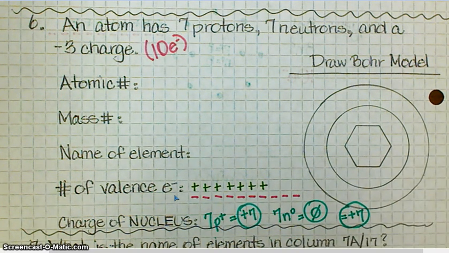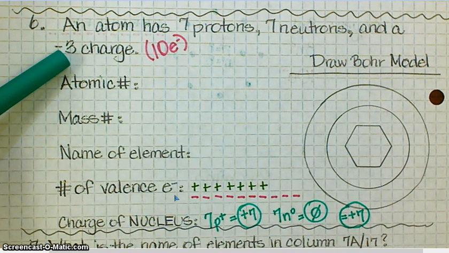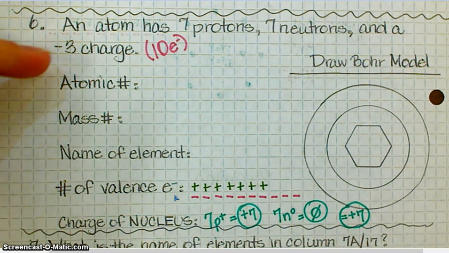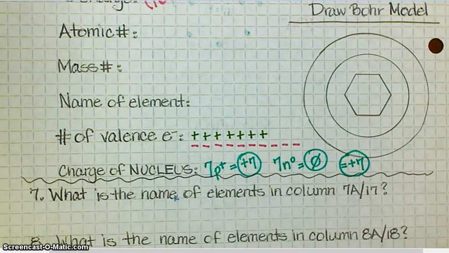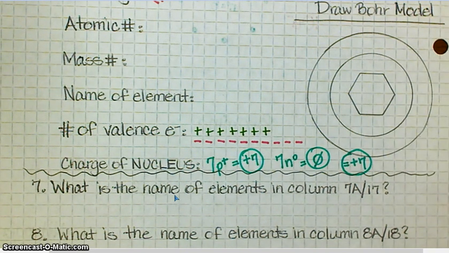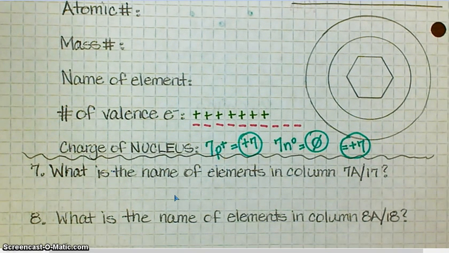Now, notice I didn't say that that's the charge of the whole entire atom. That's just the charge of the nucleus. The charge of the atom as a whole is a -3, and that's because we had 3 extra electrons. Okay? All right, and I do expect you to make sure that you draw that Bohr model. Even though I didn't draw it for you, I walked you through how to do it.